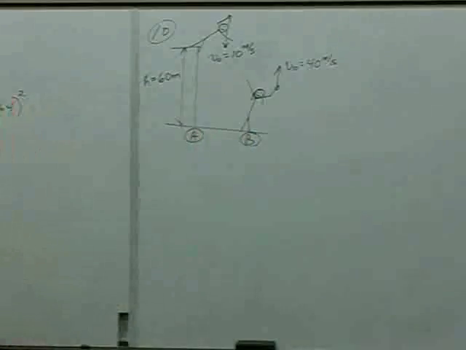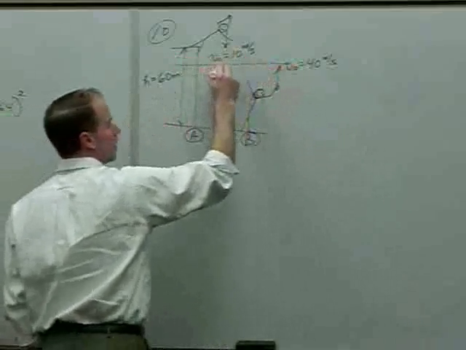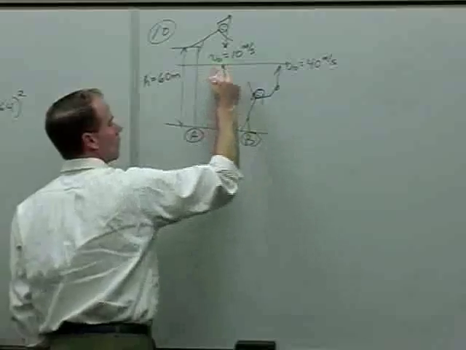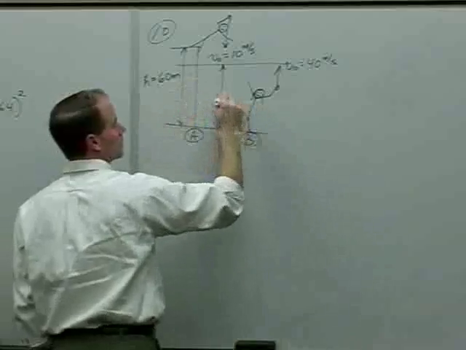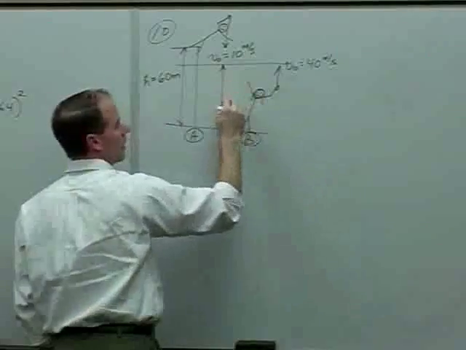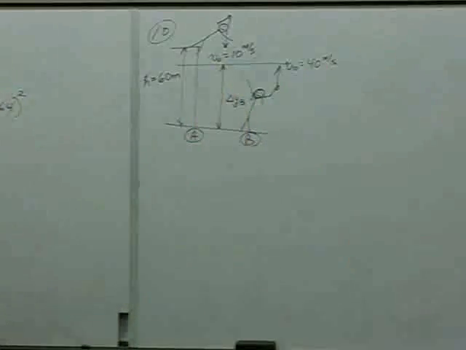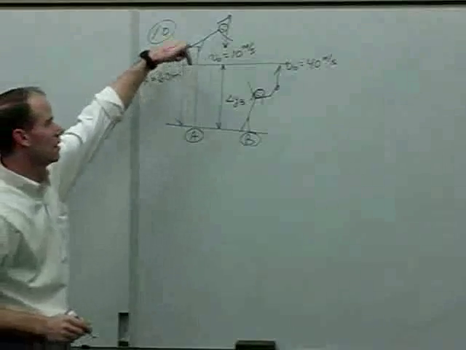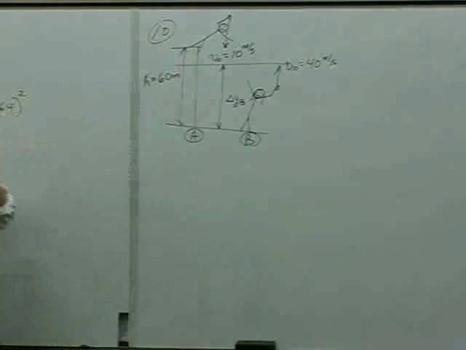The question is, at what height will the two objects pass each other? So at some point, there'll be some arbitrary height. Since we're looking this way, let's call that delta y b. That's what we'd be interested in. And it would be delta YA from the 60 meters.